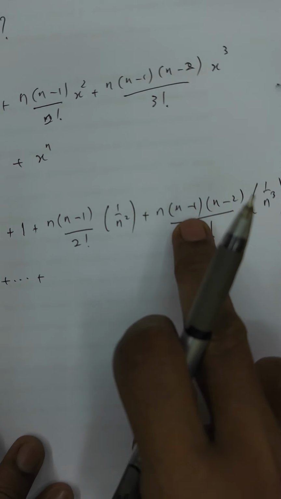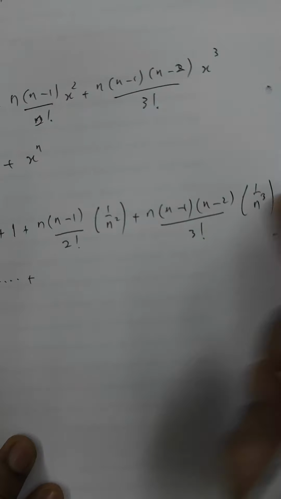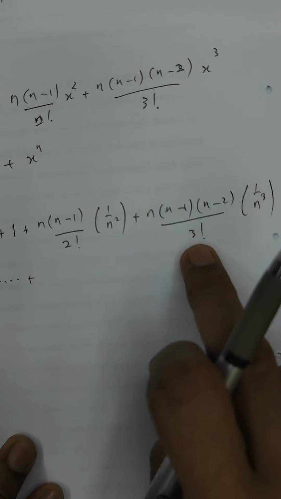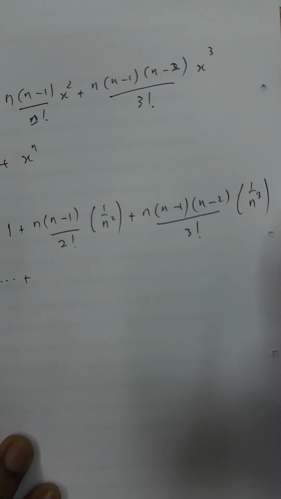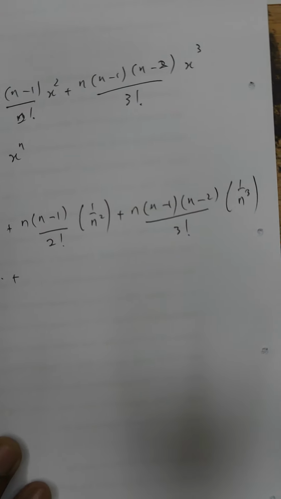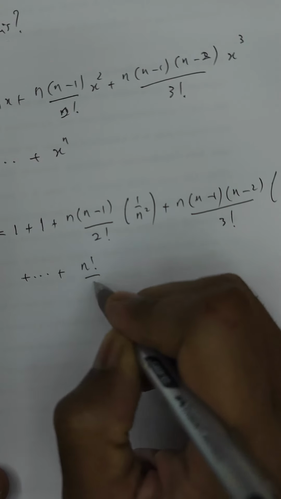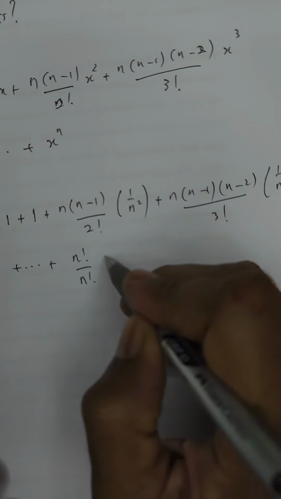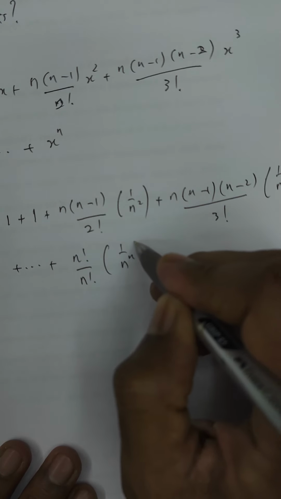Basically this is n, n minus 1, n minus 2, down to 1, which means you have n factorial over n factorial times 1 over n to the n.